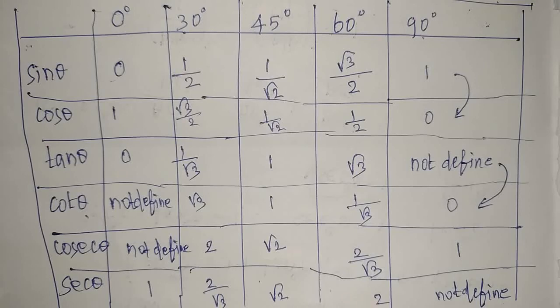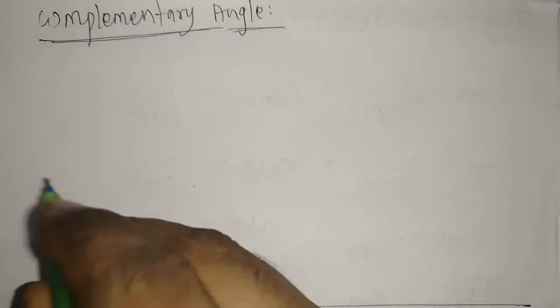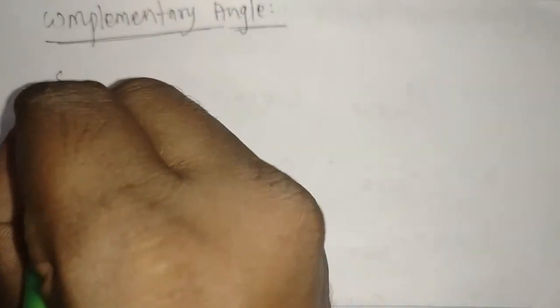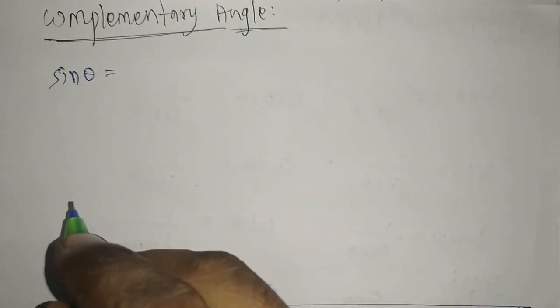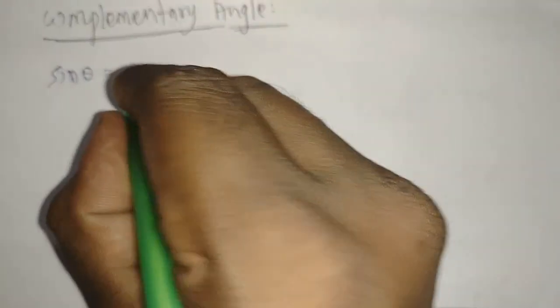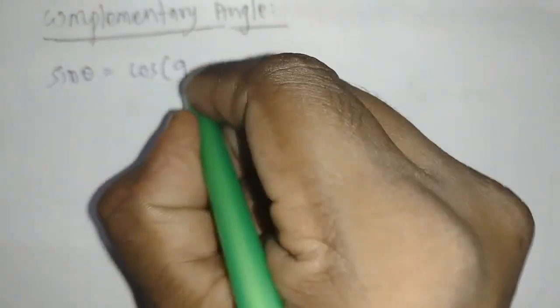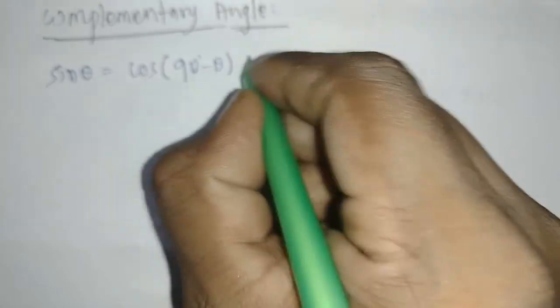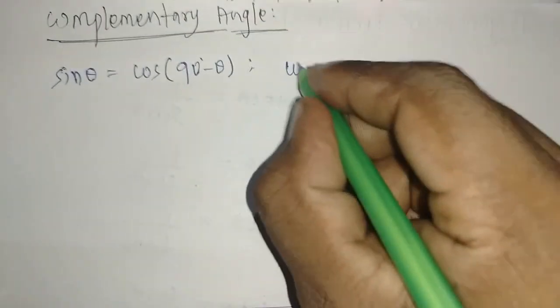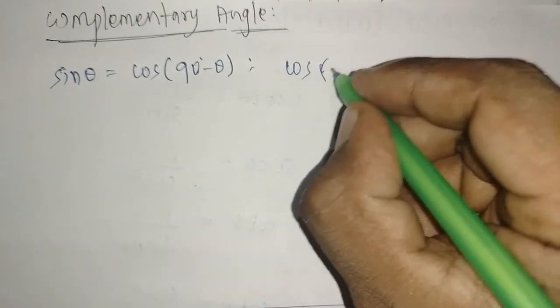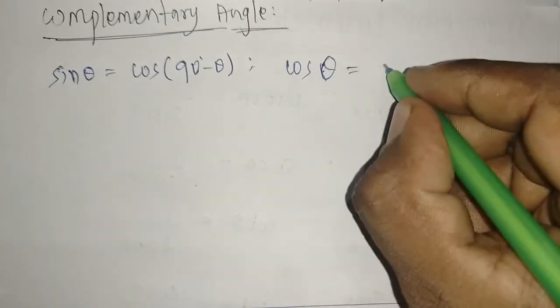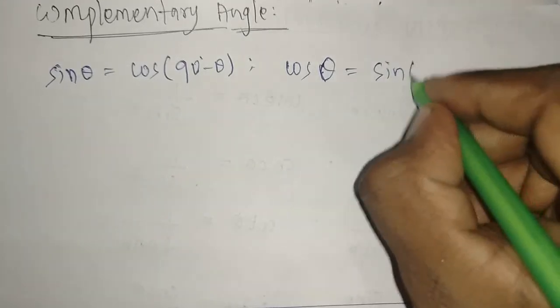Next we have complement, and this is for the 6 functions. We have first sin theta, which we know very well is equal to cos of 90 degree minus theta, and the reverse of this. If you want cos theta, it is sine of 90 minus theta.